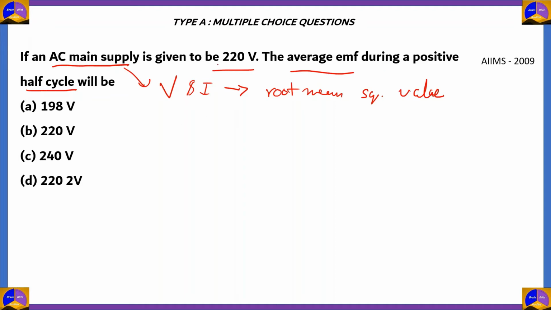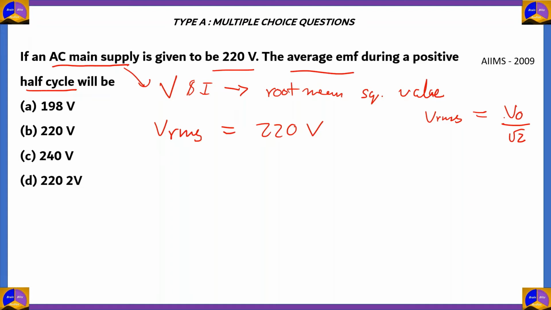So therefore, if an AC main supply has 220 volts written on it, then VRMS is equal to 220 volts. And the formula for an RMS value of both voltage and current is the peak value divided by root 2.